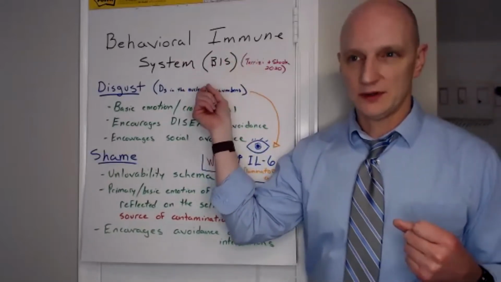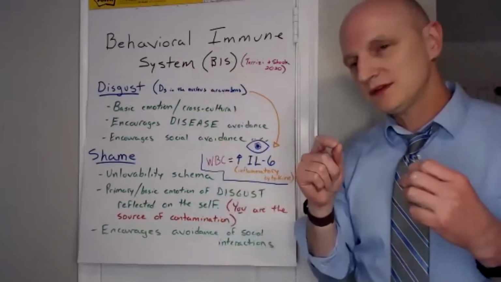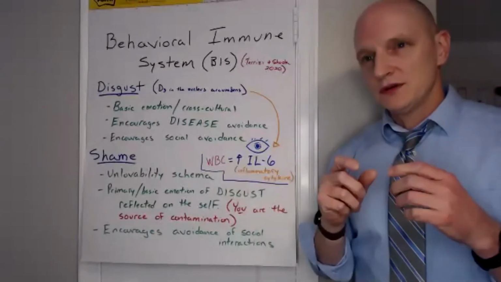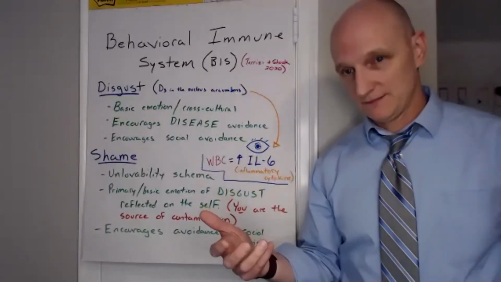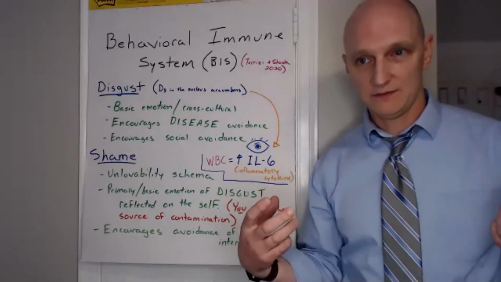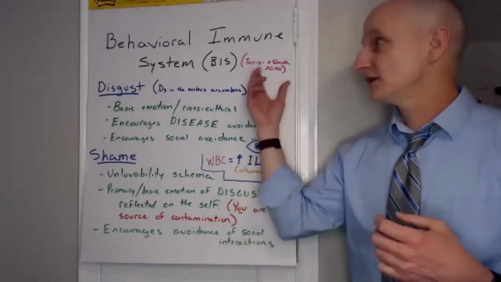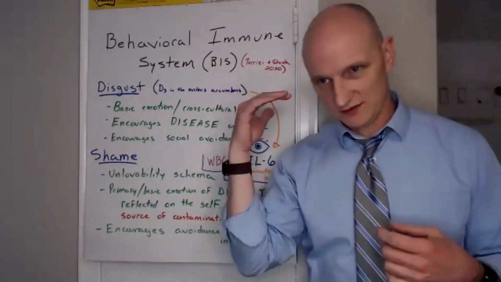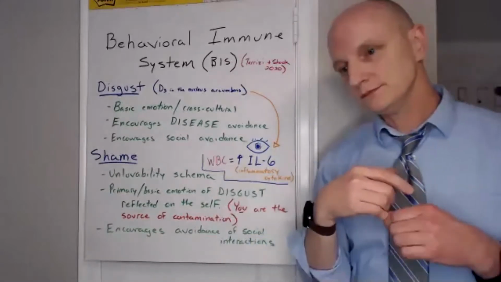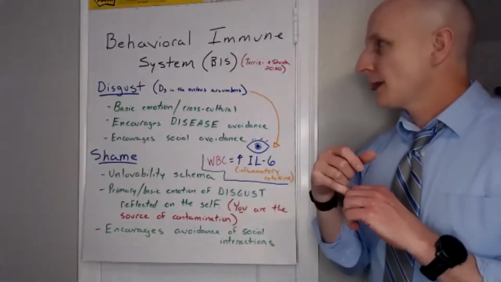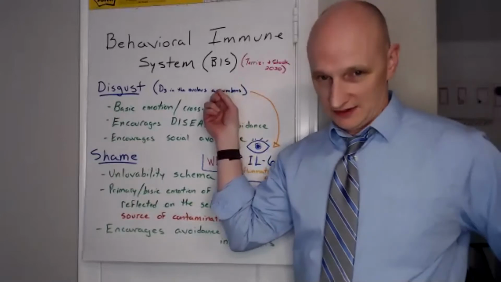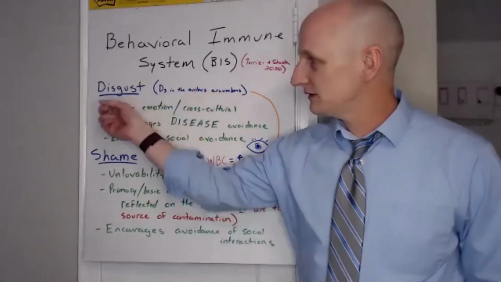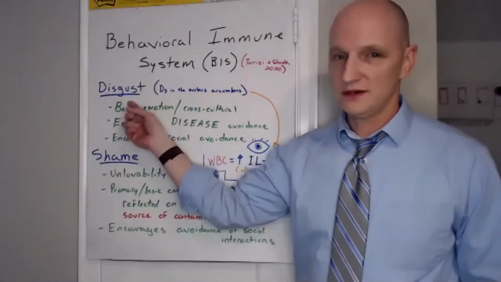This is the part of the immune system that guides and changes how we act and how we behave, and of course, it's all happening at a very non-conscious level. But a part of the behavioral immune system is this word, disgust.